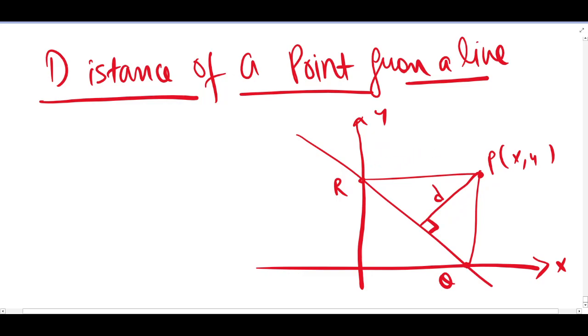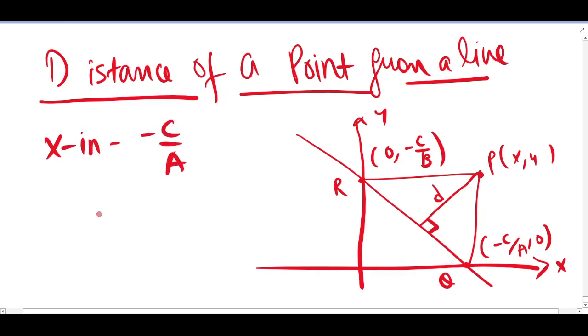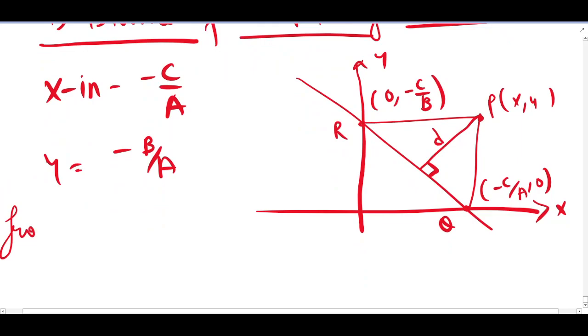So R is the y-intercept, which is equal to minus c by b, and Q is the x-intercept equal to minus c by a. So x-intercept is minus c by a, y-intercept is minus c by b, from the equation ax plus by plus c equal to 0.